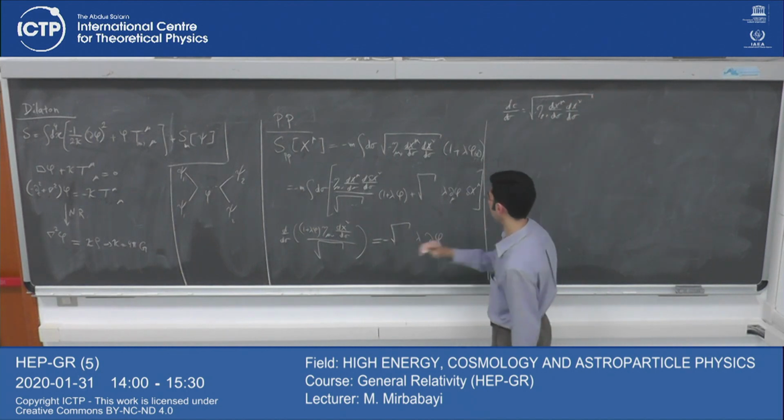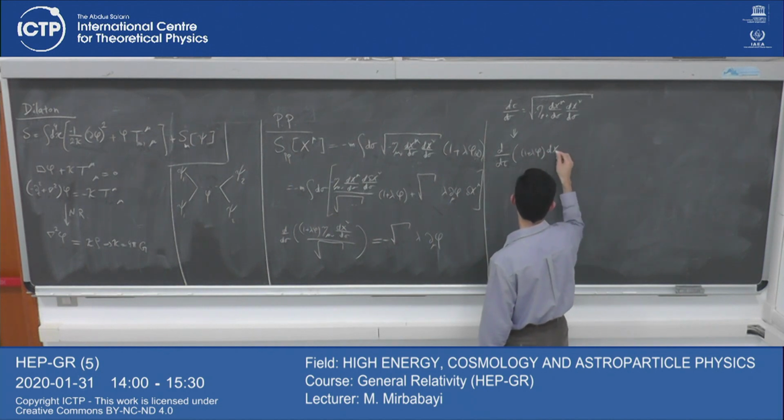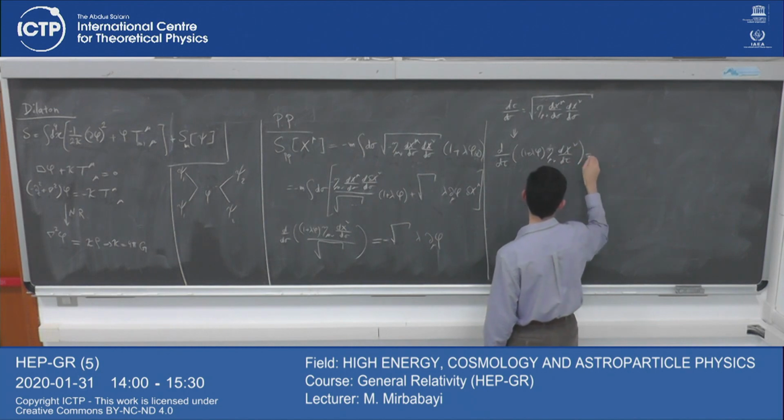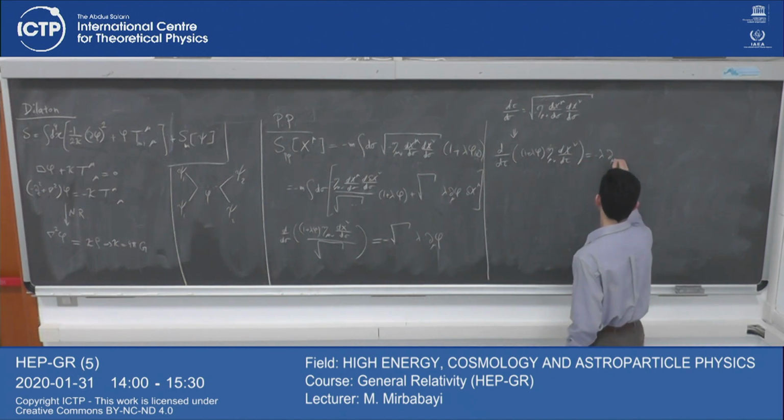So we divide by the square root and write the equation in terms of tau to get d by d tau of 1 plus lambda phi eta mu nu dx mu d tau equals minus lambda d mu phi.